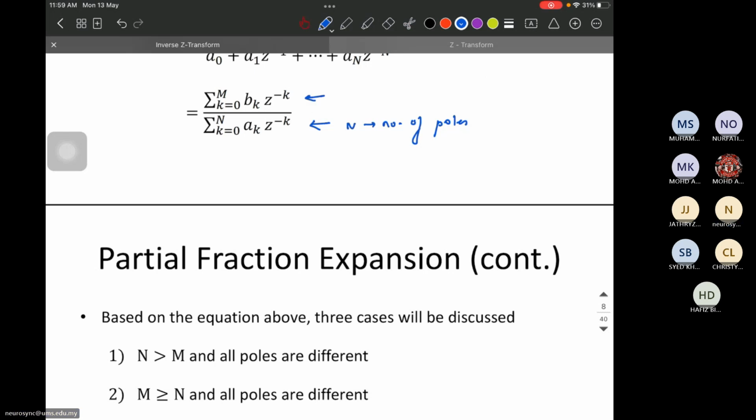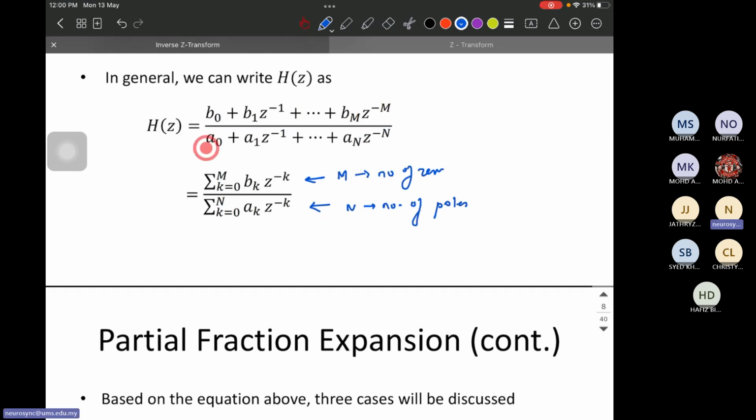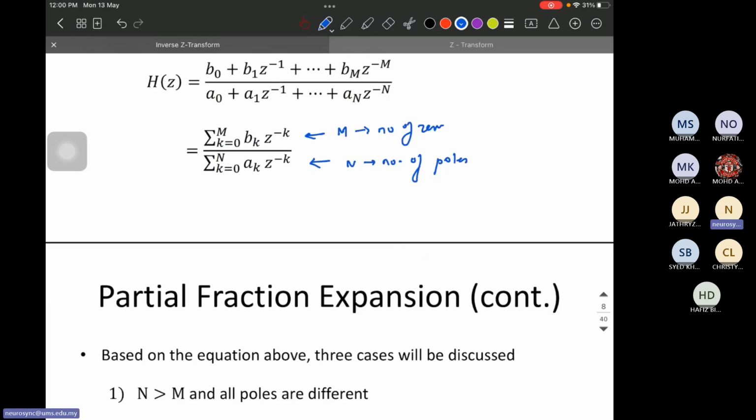Capital M is the number of zeros in the system, because the highest power in the numerator polynomial is capital M. So there are M zeros in the system. In the denominator, the highest power of z to the power minus 1 is capital N. Therefore, there are N poles. Now there are three possible cases.